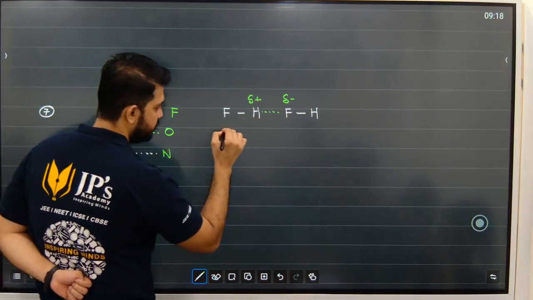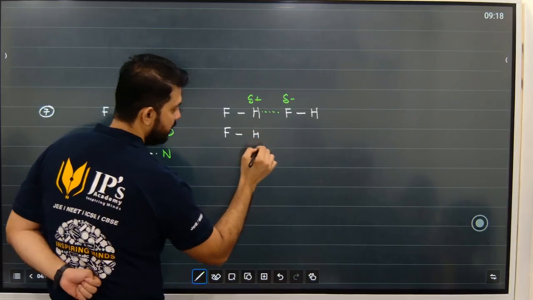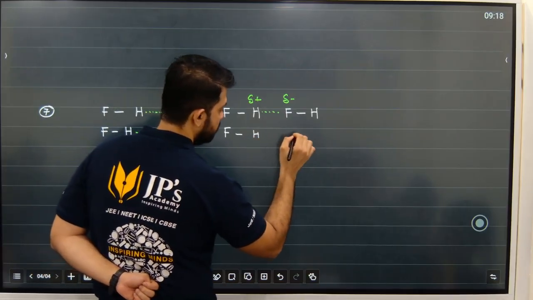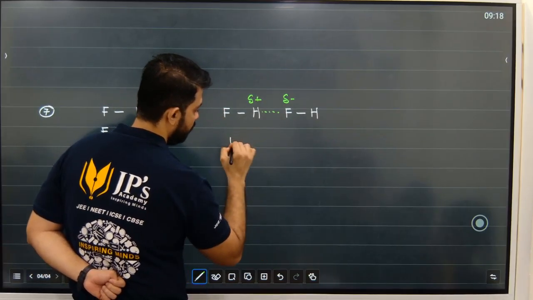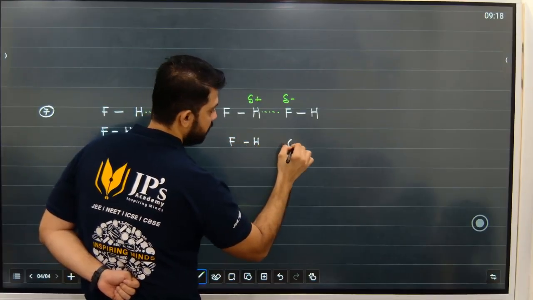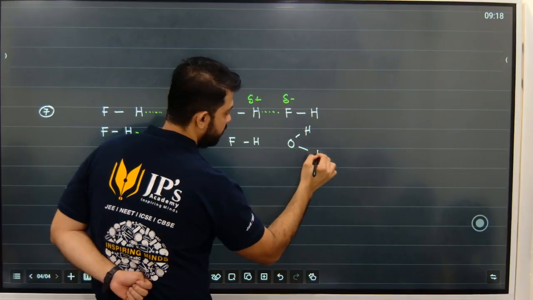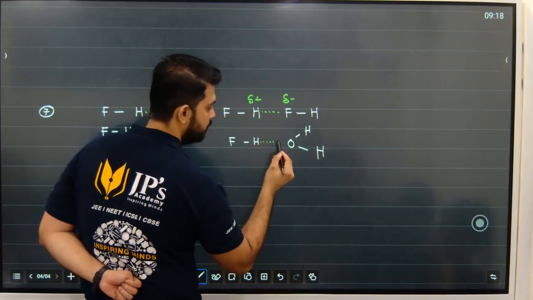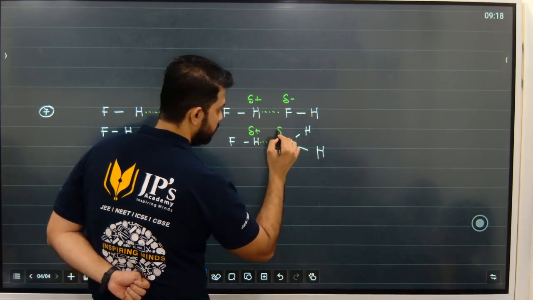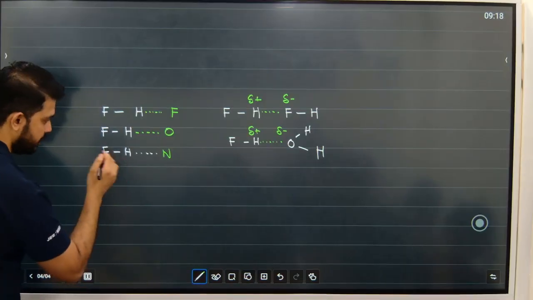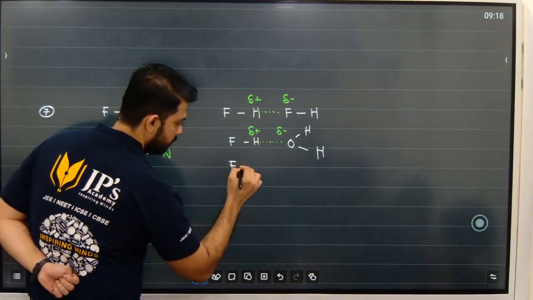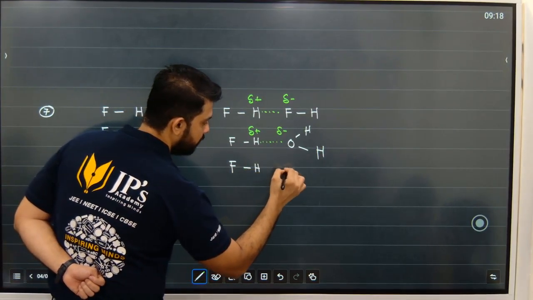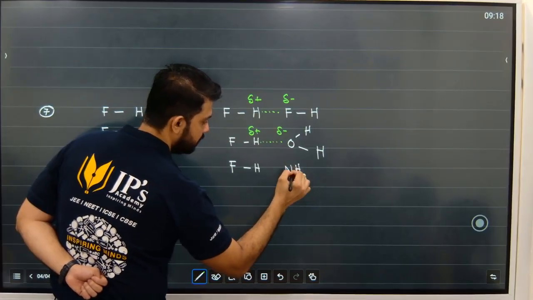Or I have an HF molecule and H2O, water. In between these two I can have a hydrogen bond, and I have an HF molecule and here I have NH3.